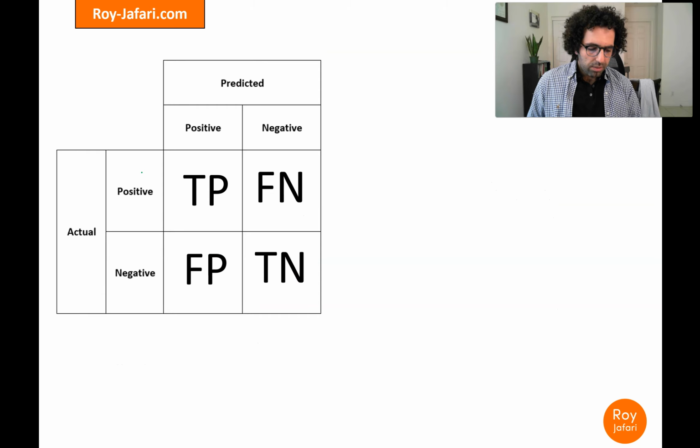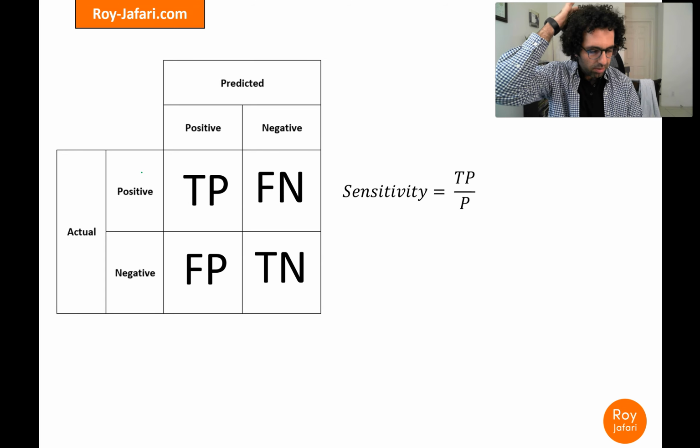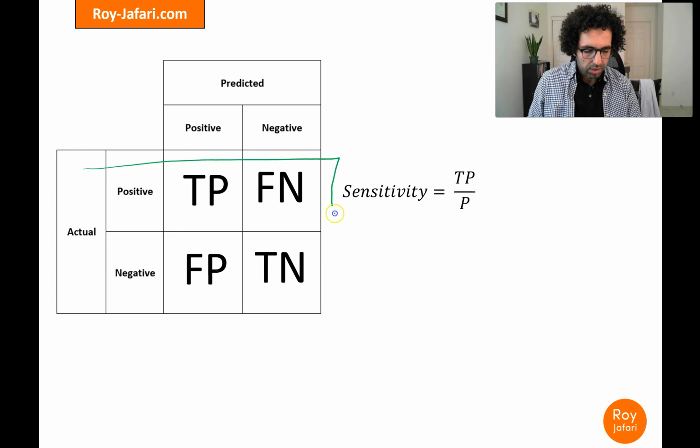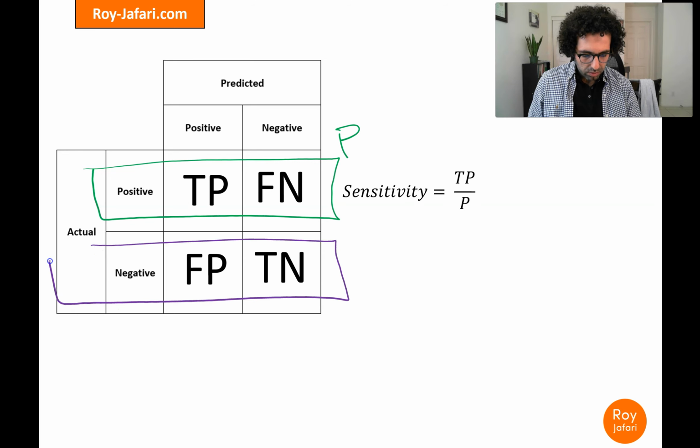So let us discuss the possible metrics we can use. One is true positive divided by the whole number of positives. This is all P, and these are all N, right?